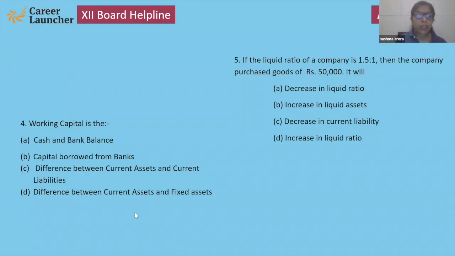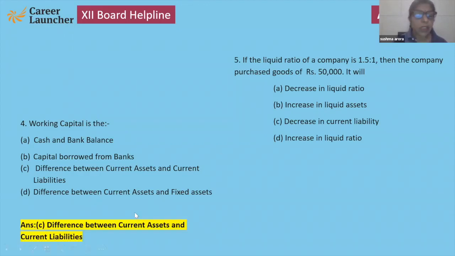Yes, my dear children, see, working capital is the difference between current asset and current liabilities. That's why we have one formula in our books that working capital is equal to CA minus CL.